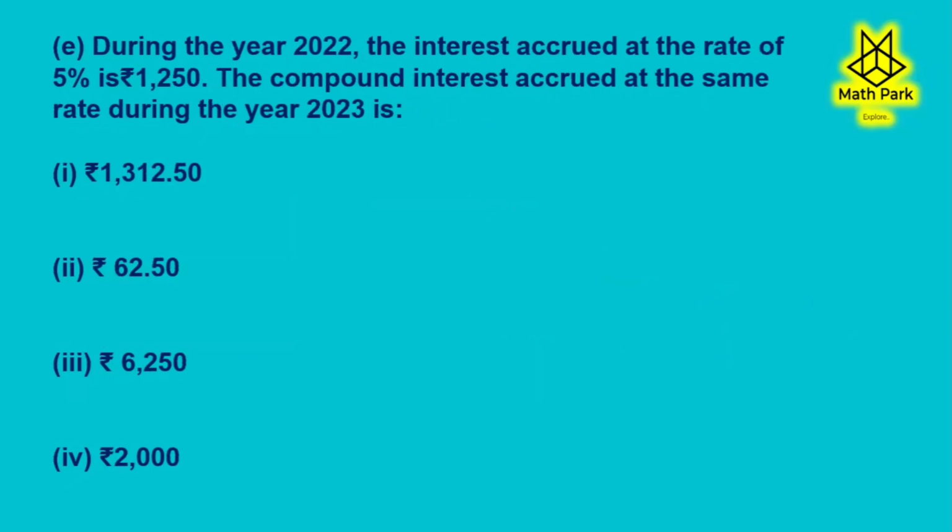B part, during the year 2022, the interest occurred at the rate of 5% is 1250. The compound interest occurred at the same rate during the year 2023 will be what? So 1250 is the interest occurred, which is equal to principal into rate into time, which is 1 year upon 100.